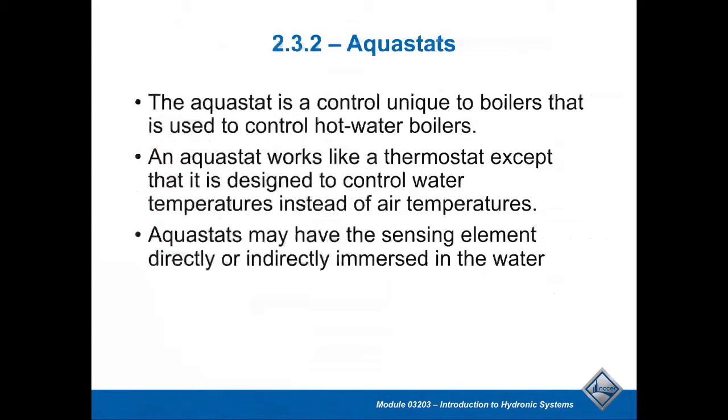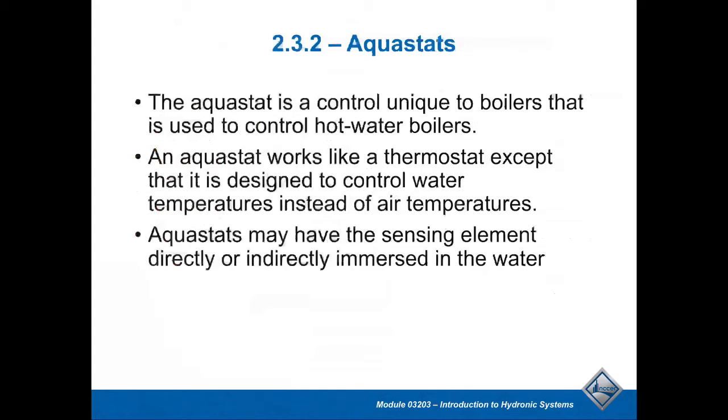The Aquastat that would typically be used on your boiler system can either be electronic or it could be something like a well type system that would be inserted into a cast iron boiler. So there's multiple ways that those would be seen or used on an application.